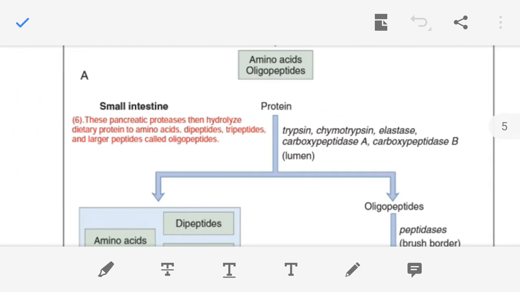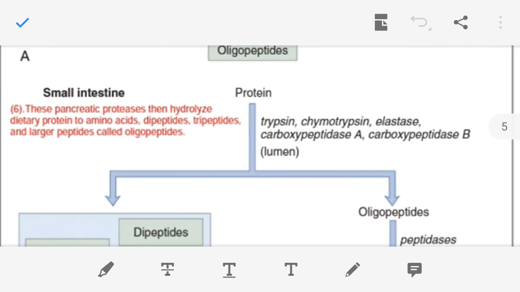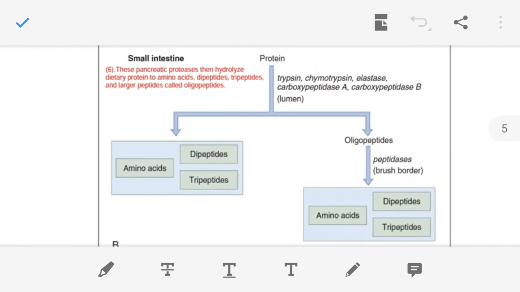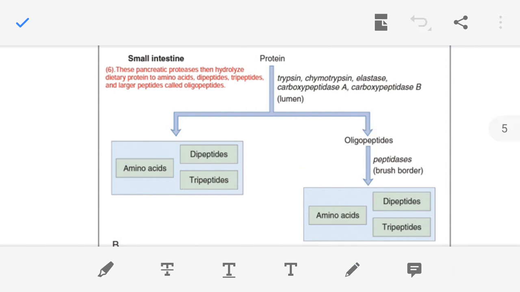So here in the small intestine, protein is acted upon by trypsin, chymotrypsin, elastase, carboxypeptidase A and carboxypeptidase B in the lumen of the small intestine. And what is happening? Protein is converted into amino acids, dipeptides, tripeptides. Then the larger peptides are known as oligopeptides.